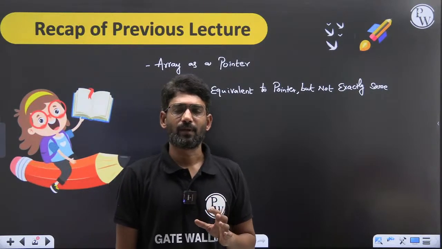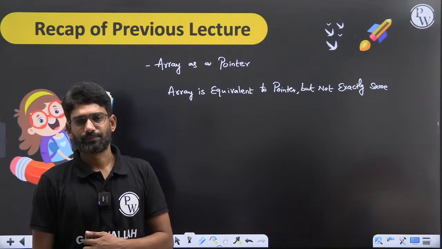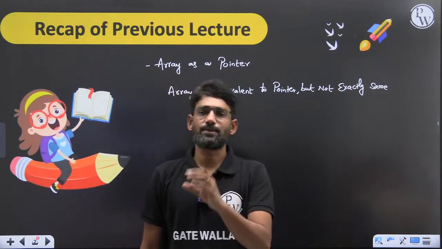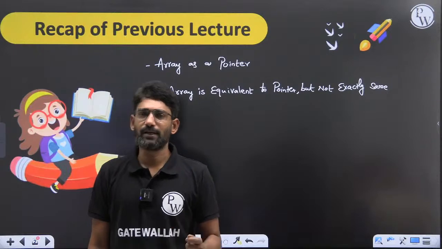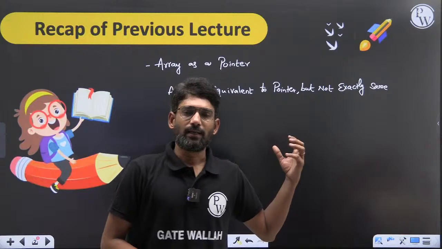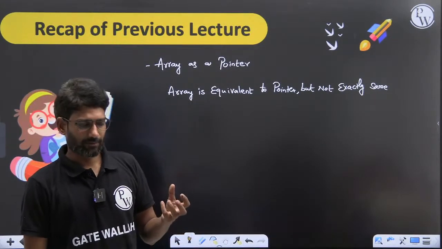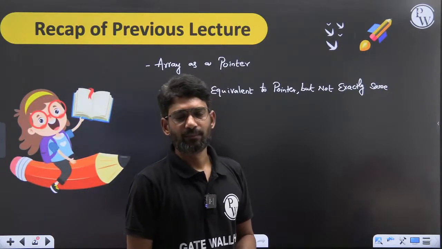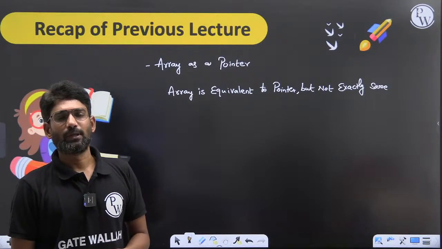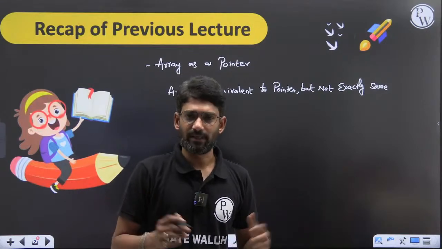But array is a constant pointer, while pointer is variable. Array always points to the base address, while pointer can point to any address. Using array name we access one element, but it can hold multiple elements at any time, but a pointer may point to any individual element or a group of elements.